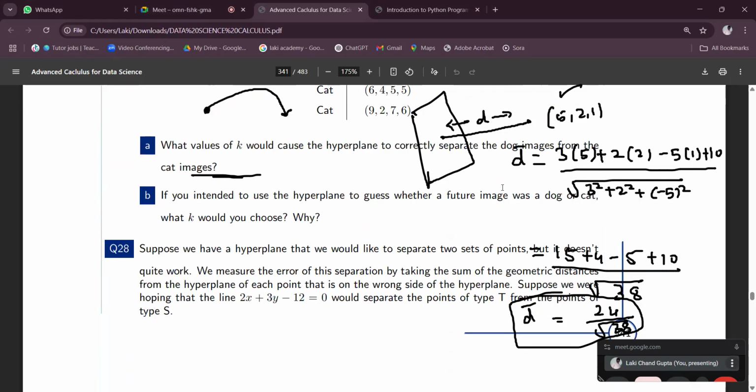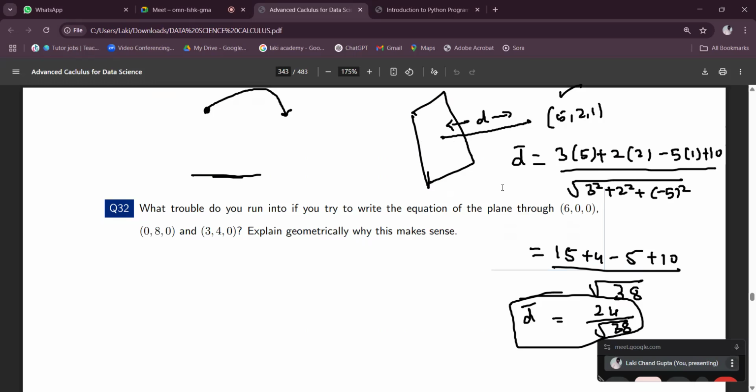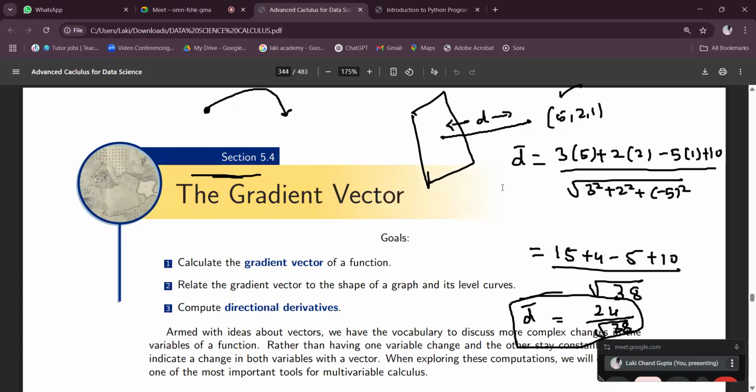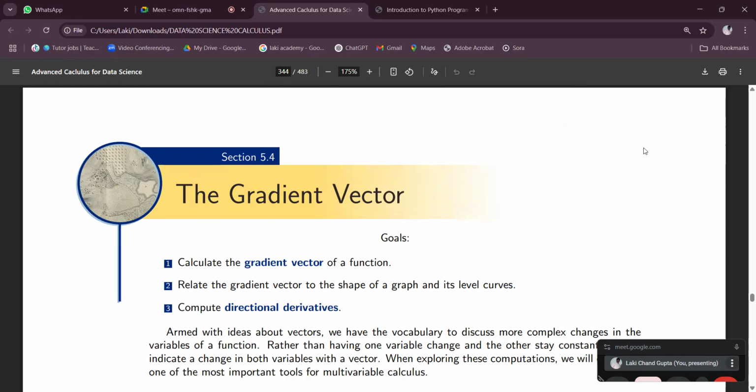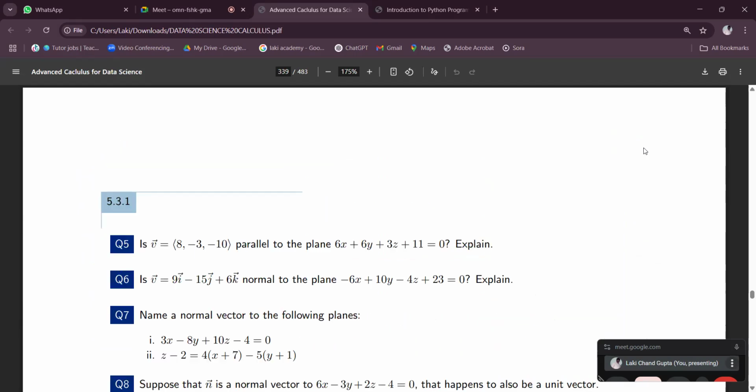In this section you have learned equation of plane, distance between planes, and parallel vector, and distance of a point from a plane, right?